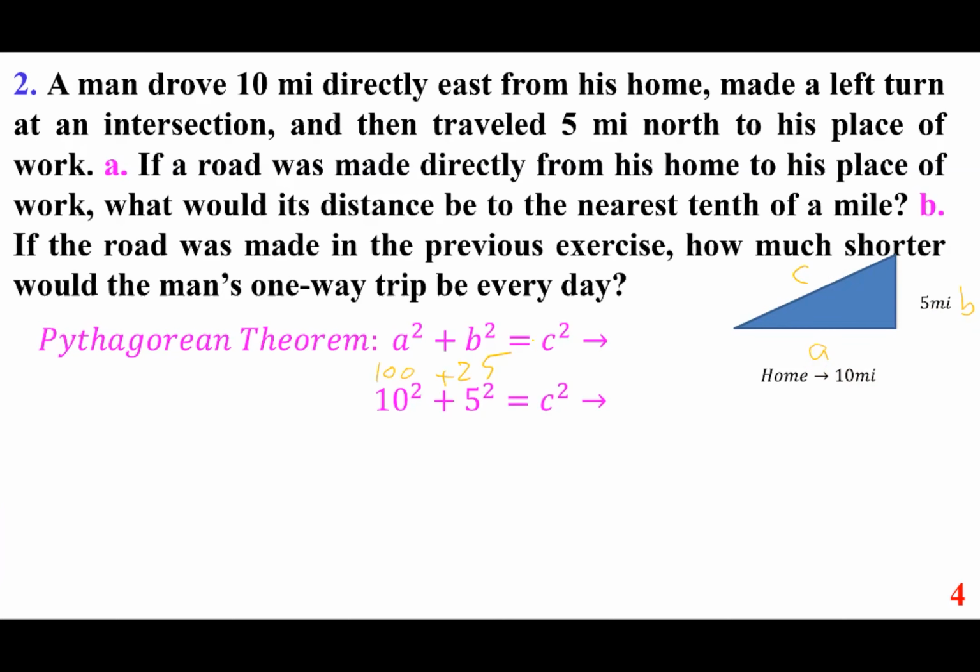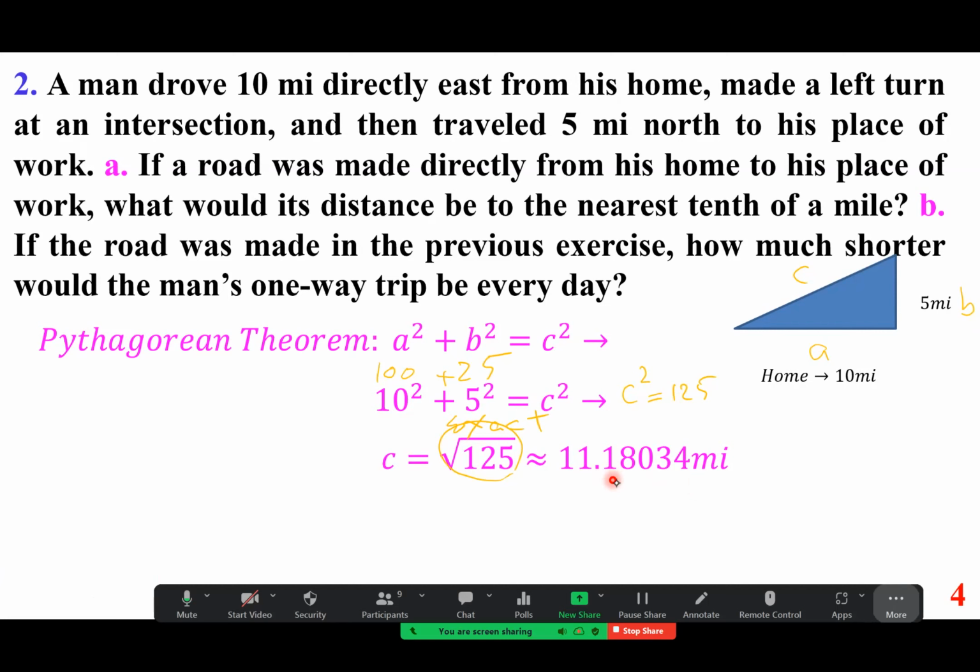So c squared is 125. We take a root, and this is exact. And this is an approximation. Now to the nearest tenth of a mile.